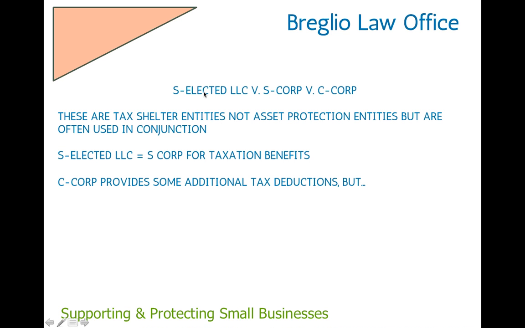So if you have an S-elected LLC, which is essentially an LLC that's taxed like an S corp, or a corporation or a C corporation, you've done this for tax advantages or tax benefits on active income that you are making in your real estate investing. Rental properties are not active income. And so there's no tax benefit to putting a rental property into an S-elected entity.